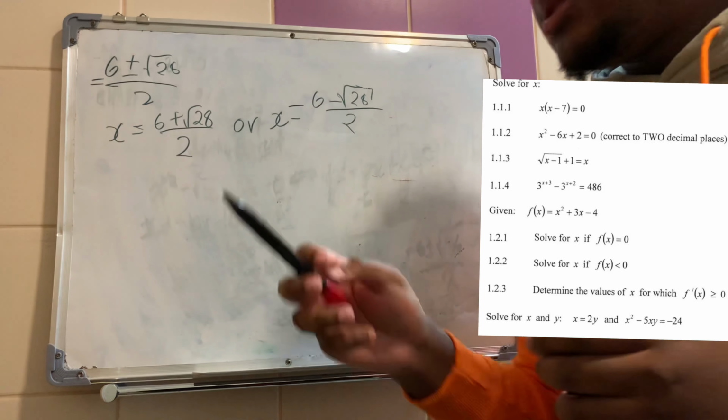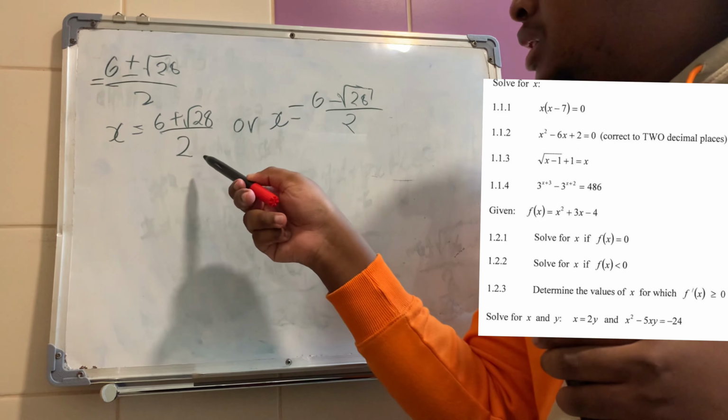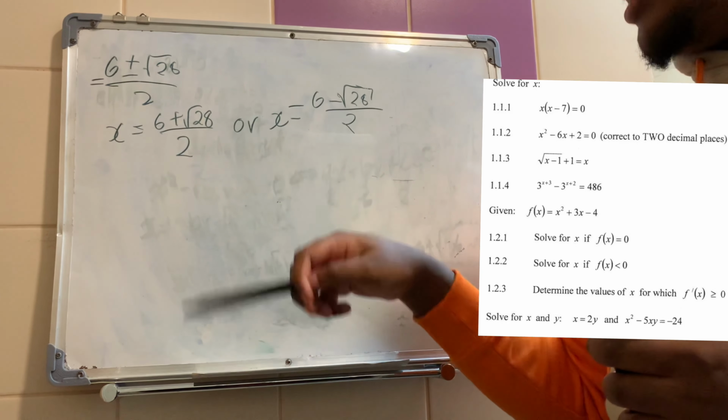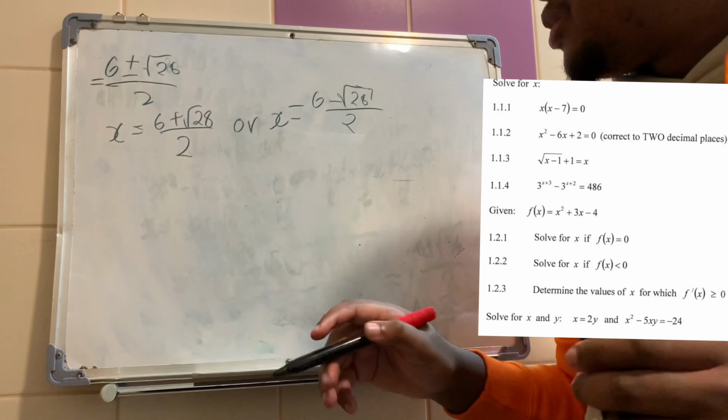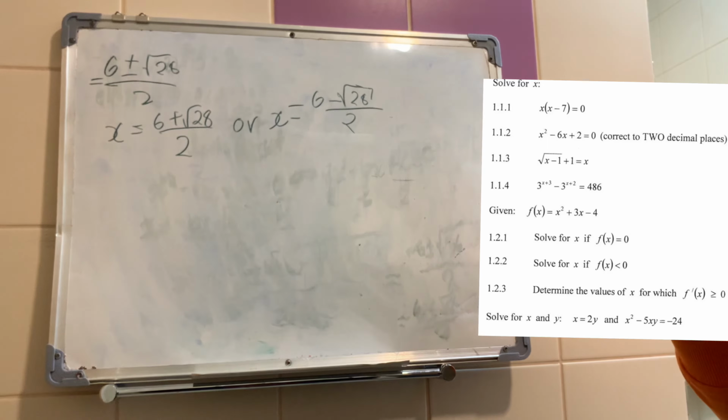Then you must correct it to two decimal places. You take this to your calculator and calculate it. Now let's move to another question.